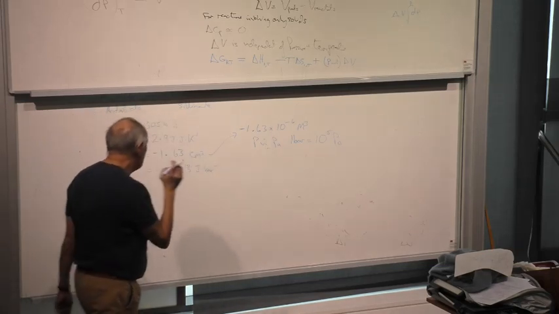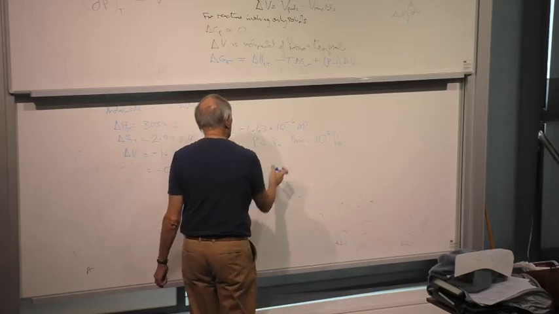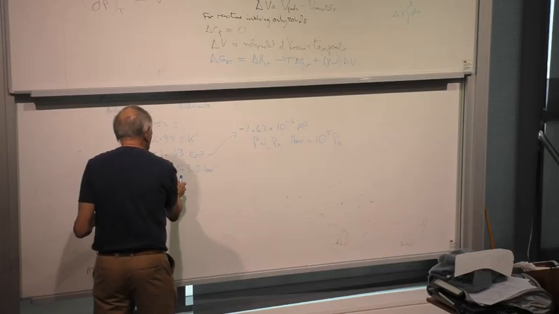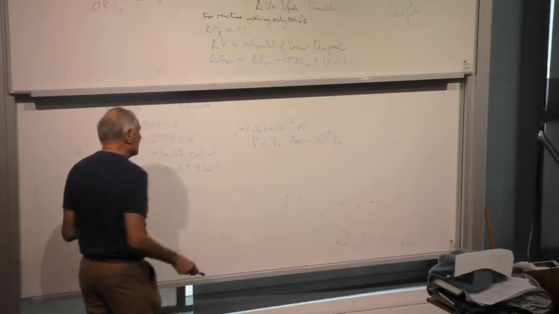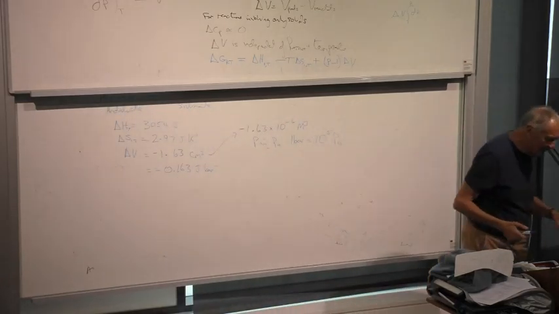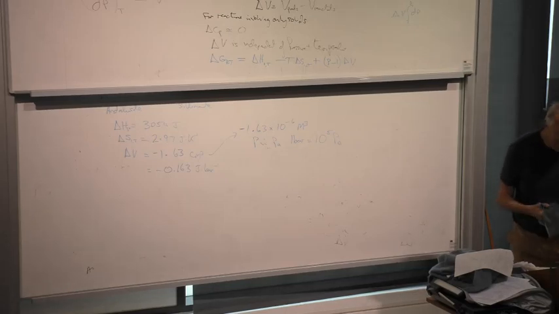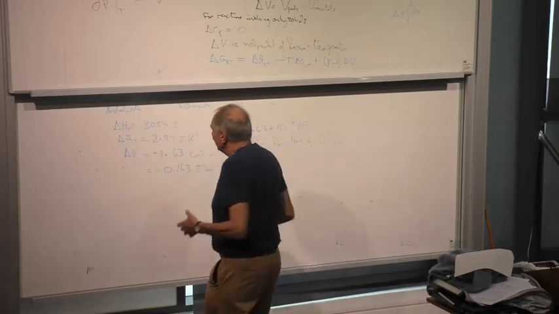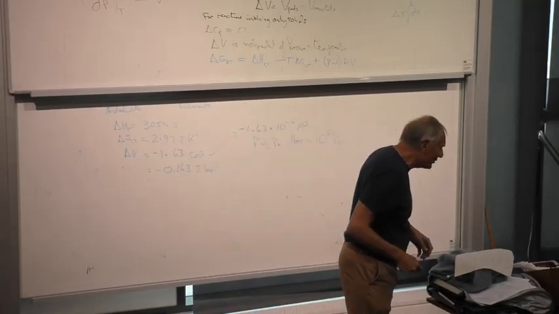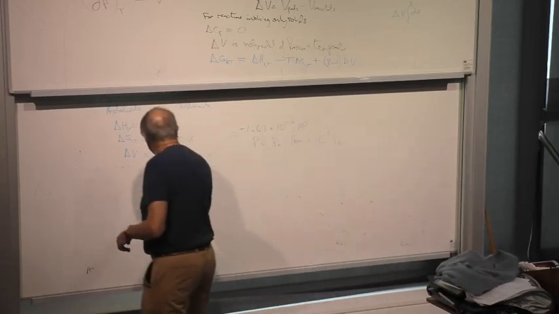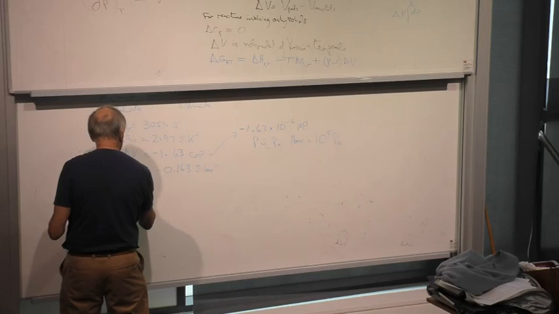If we use meter cubed and pascals, we just get joules. Now if we take the volume in centimeters cubed and divide by 10, we get joules per bar, and then we can work in bars. People tend to be very familiar with bars rather than pascals, because in the Earth you're talking about 10 to the 9, 10 to the 10 pascals, which is a lot of messing with zeros. So I'd rather not do that. From now on, we'll use volume in joules per bar.